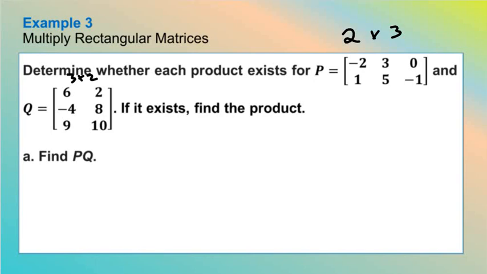Middle numbers are 3, so I can multiply that, and my answer would be a 2 by 2. A number here, here, here, and here.